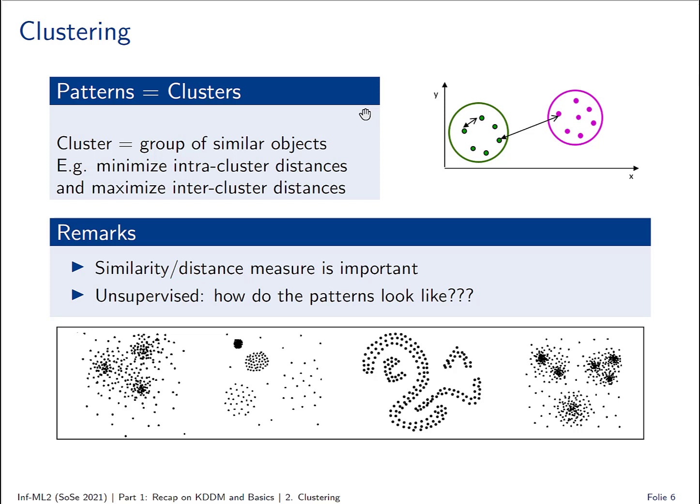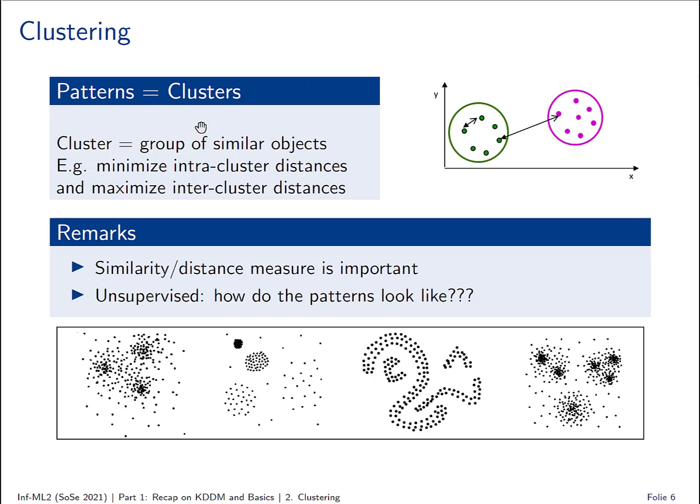So pairwise in-cluster distances should be small. So similarity within the cluster should be high, compact clusters. And simultaneously maybe also maximizing inter-cluster distances. So distances between clusters, pairs of points from different clusters, should be high, distances high, similarity low, of course. Yeah, the similarity or distance measure is important, of course, in that case, but that's how it is.